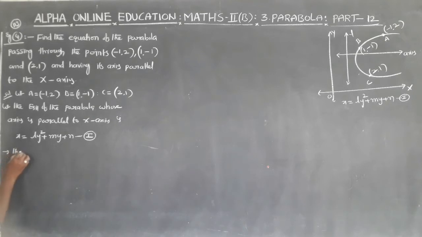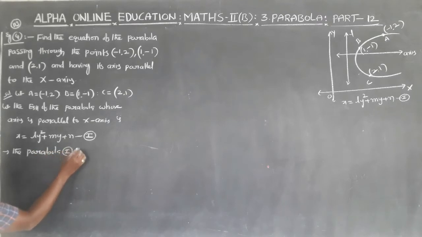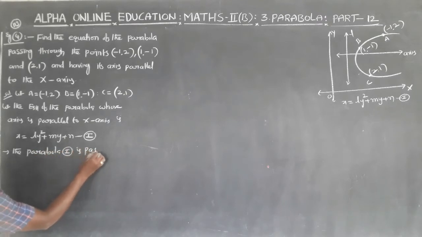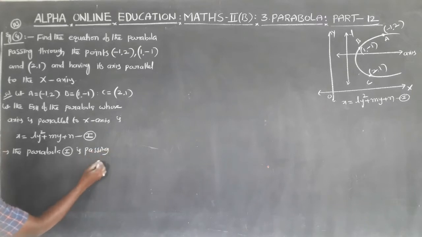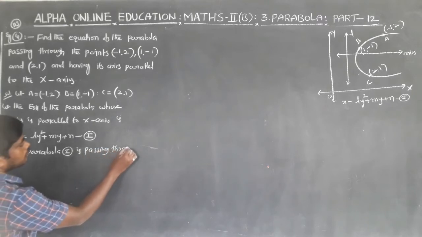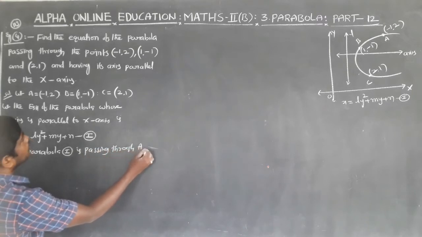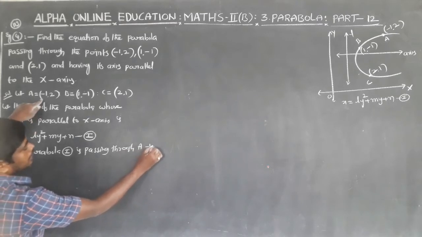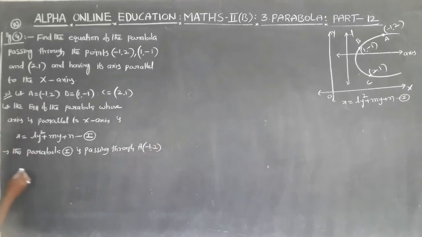Here the parabola 1 is passing through the A point (-1, 2).